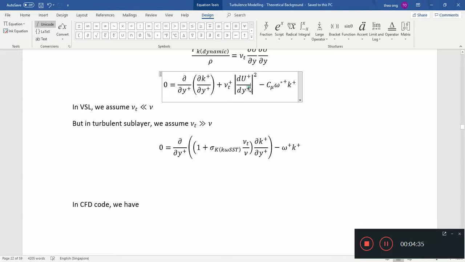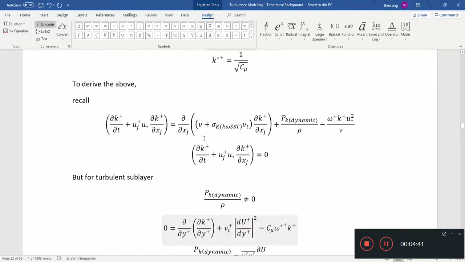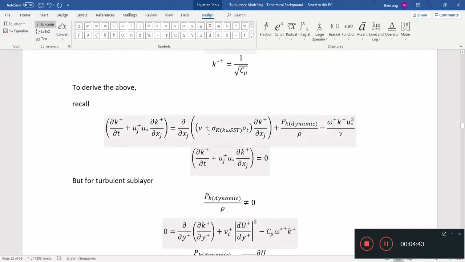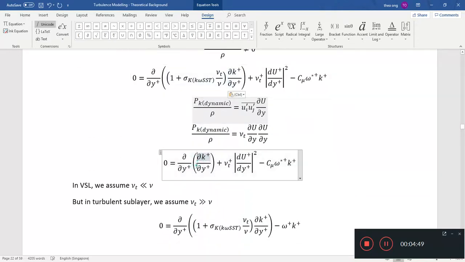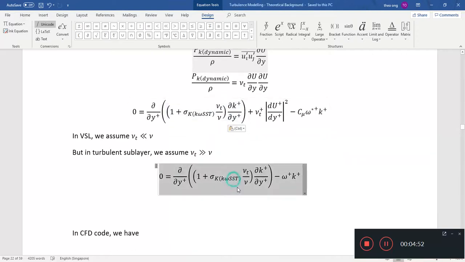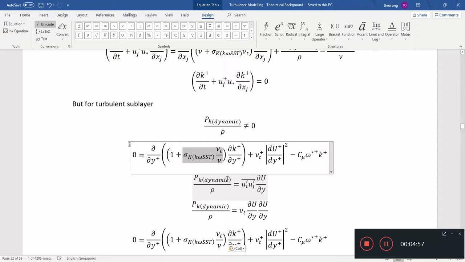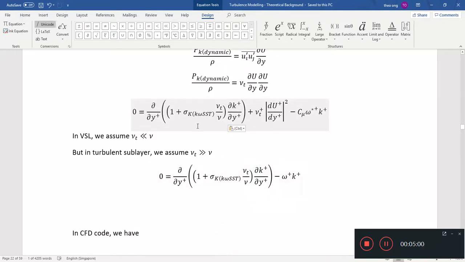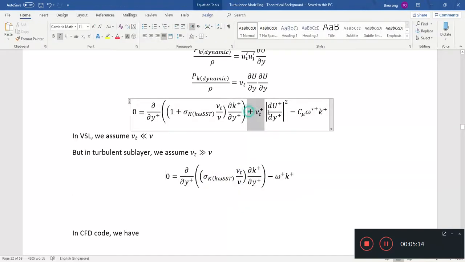So in the turbulent sublayer, we have to include the turbulent portion of this viscosity, we cannot just assume it is 0, because now it's the other way around. So we assume in the turbulent sublayer nu t is much greater than nu, so that this one can disappear. Alright, and then of course we need to put this in.